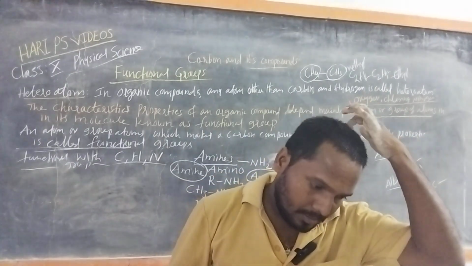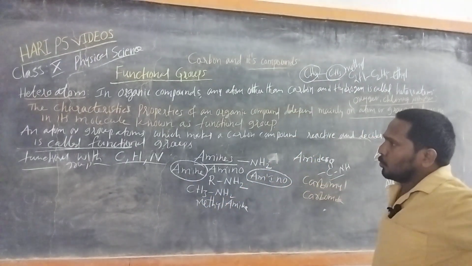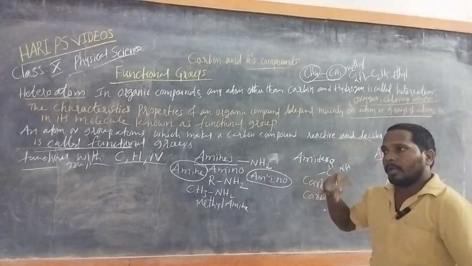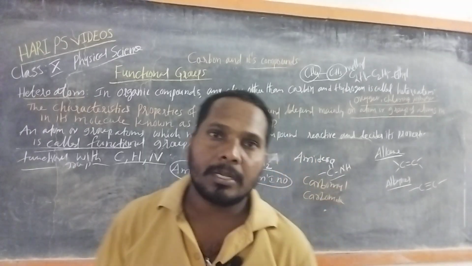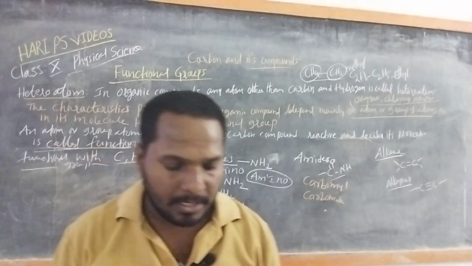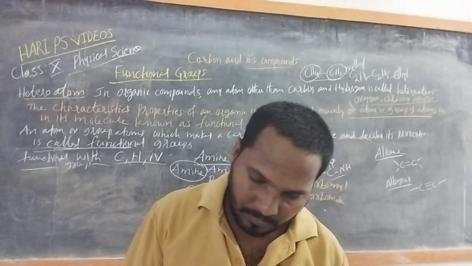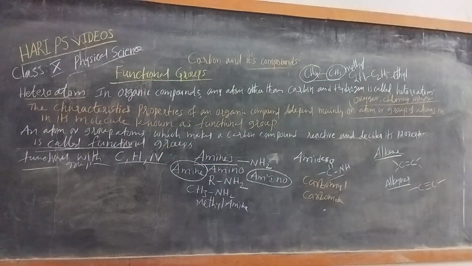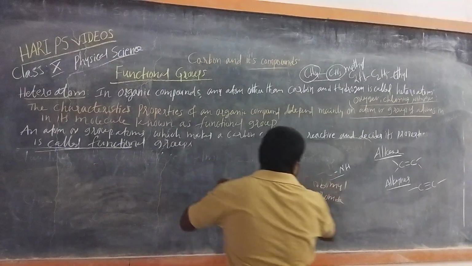We will discuss every functional group, their compounds and how they are named, when we discuss the nomenclature of organic compounds by following IUPAC rules. So these are about the functional groups. Now I will give some data regarding these functional groups.